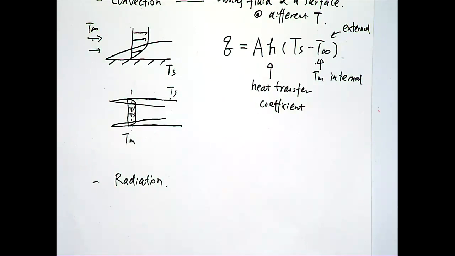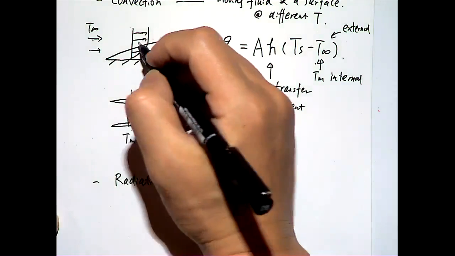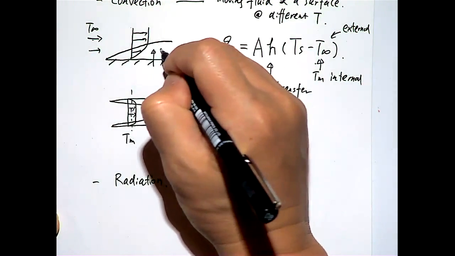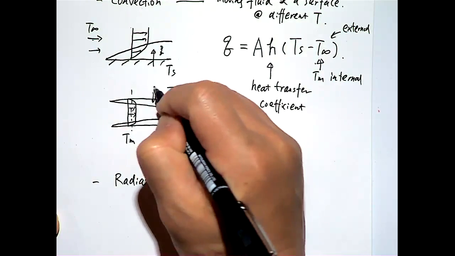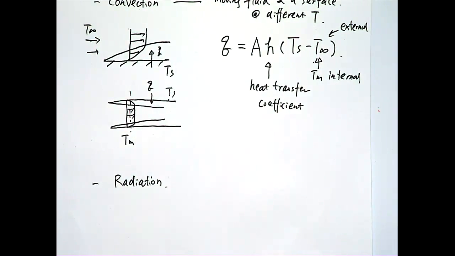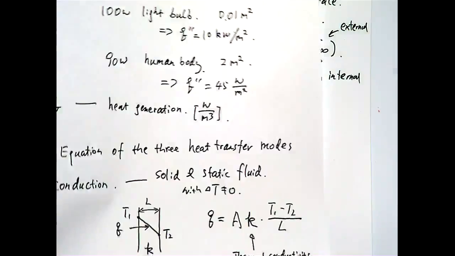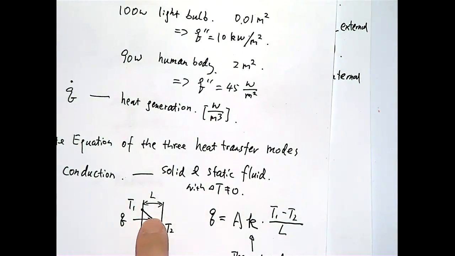In convection, you also have a temperature difference, and the fluid must make contact with the surface, and then the heat can be transferred. I should draw the direction of the heat transfer rate, and for the conduction, I already drew the direction.